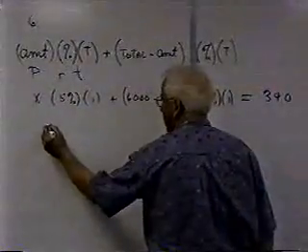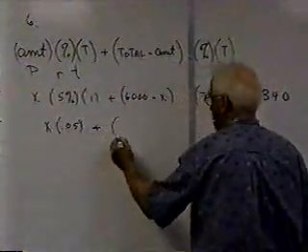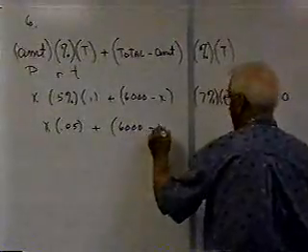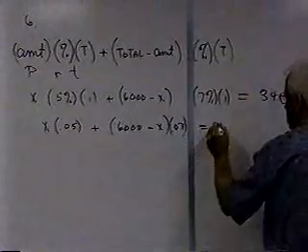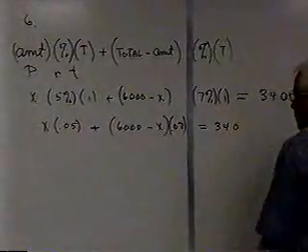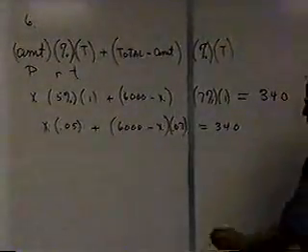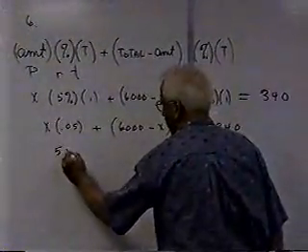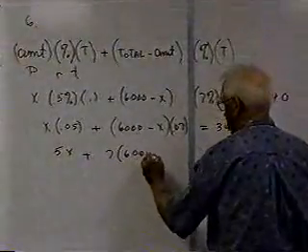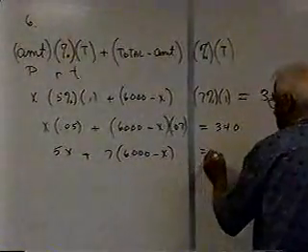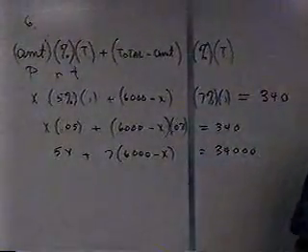So this would be X times 0.05 plus 6,000 minus X times 0.07 is equal to 340. All right, then multiplying by 100, we get 5X plus 7 times 6,000 minus X is equal to 34,000.